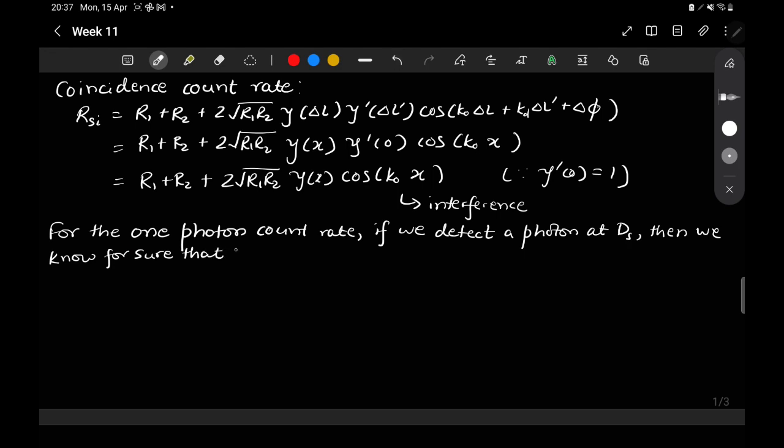The other photon meaning the entangled pair partner.